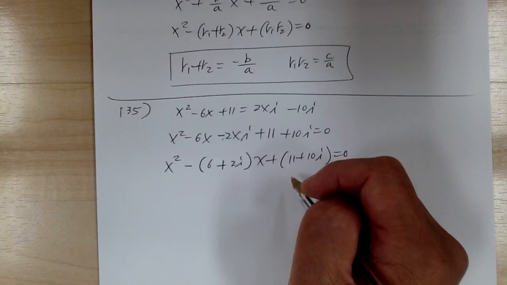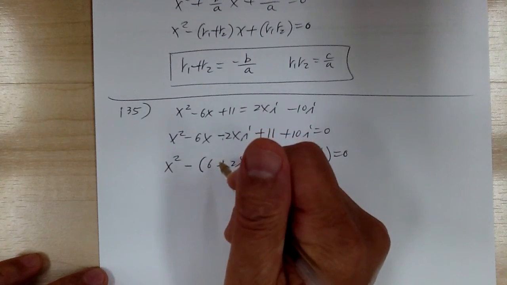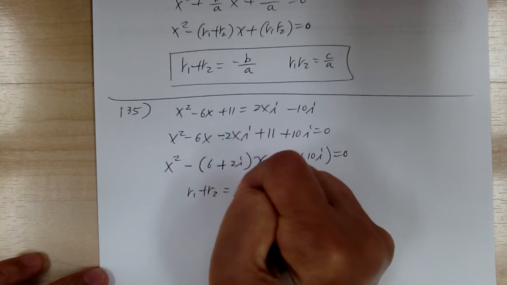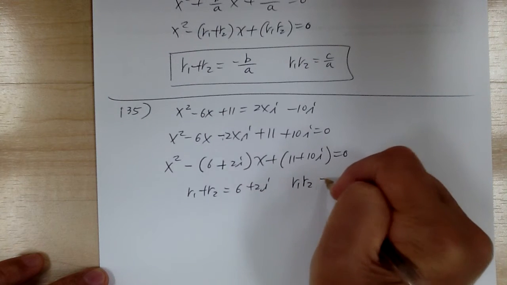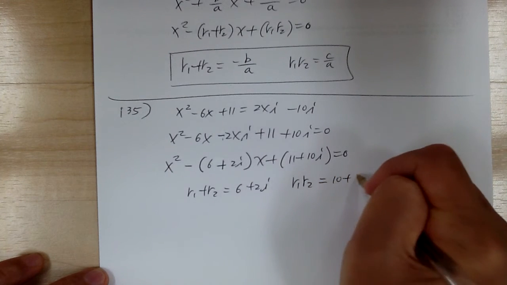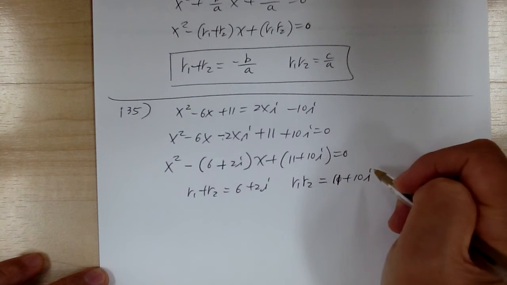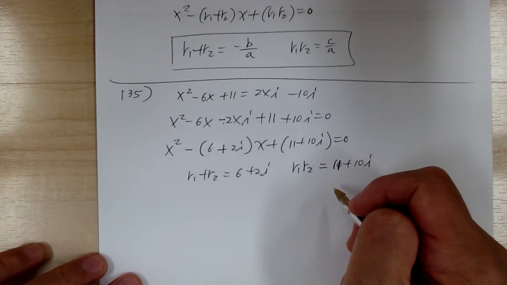Okay, and then after that, you can apply, so from here the roots R1 plus R2 equal to 6 plus 2i, and R1 R2 equal to 11 plus 10i. Okay.